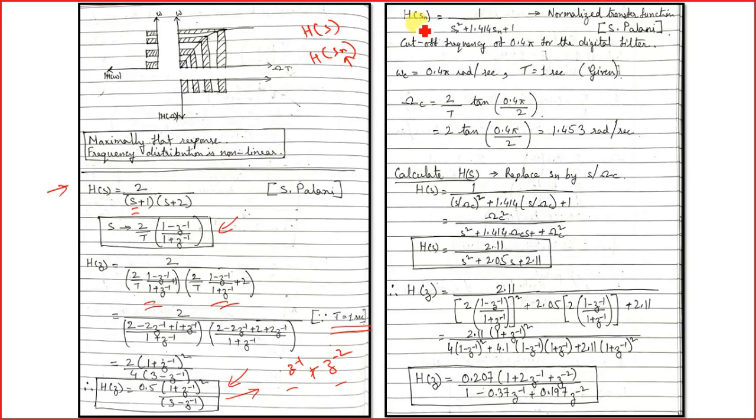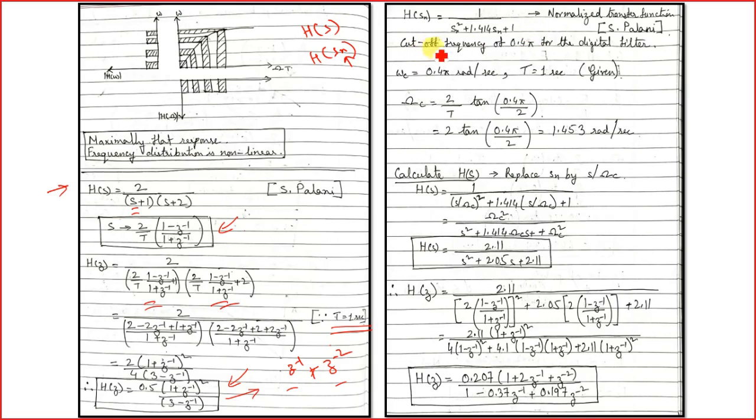Okay. And over here, we are given: design a digital filter from the analog filter whose normalized transfer function is given by H of Sn equals 1 by (Sn square plus 1.414 Sn plus 1). Okay.